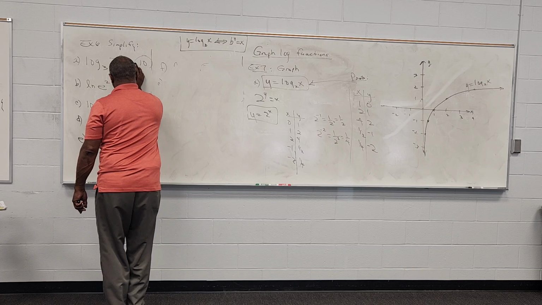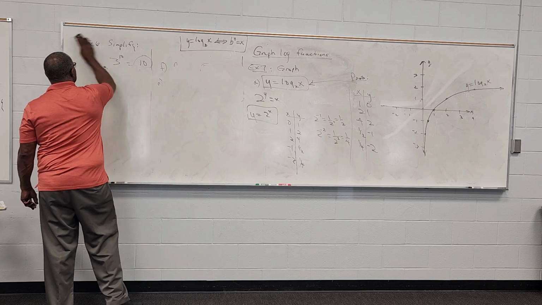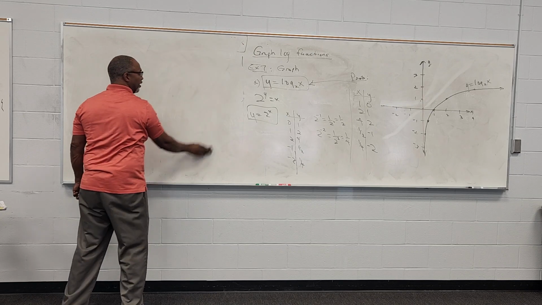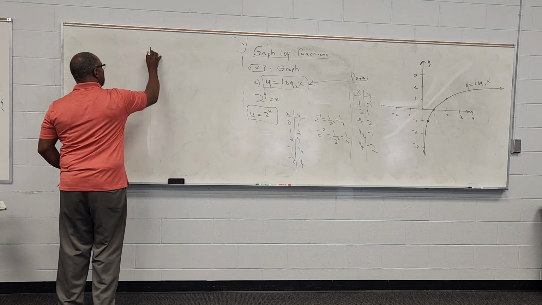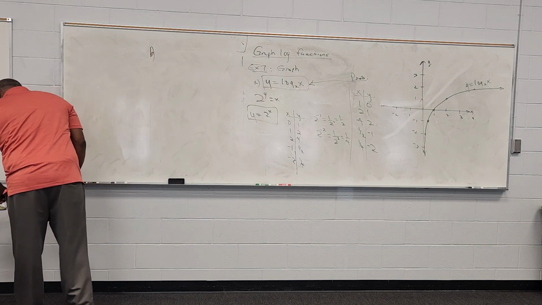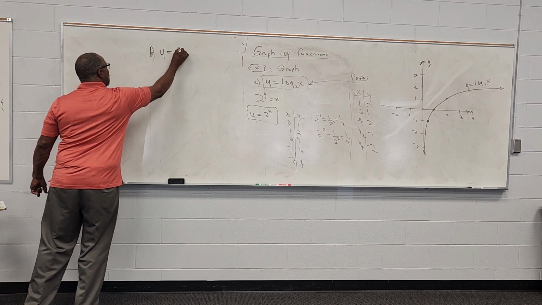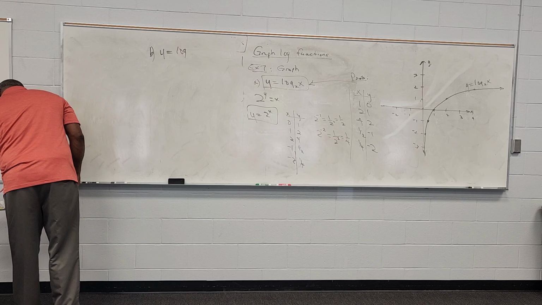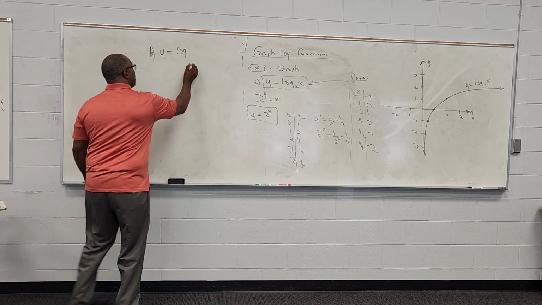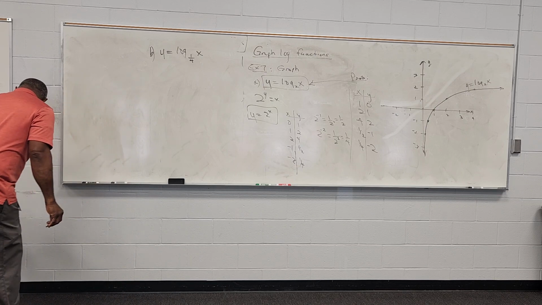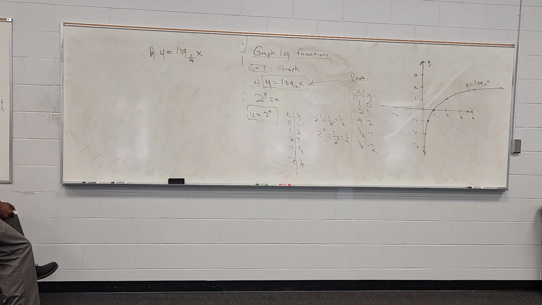I also want to graph part B, and I'm going to use that same graph. They say y equals log to the base 1/4 of x. I'm also going to graph y equals log to the base 1/4 of x.